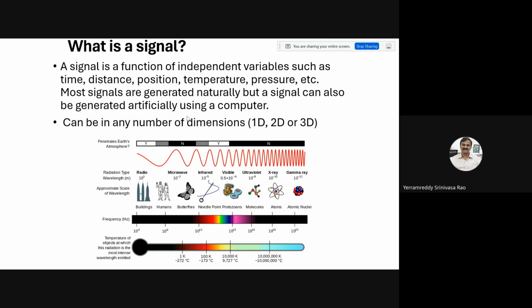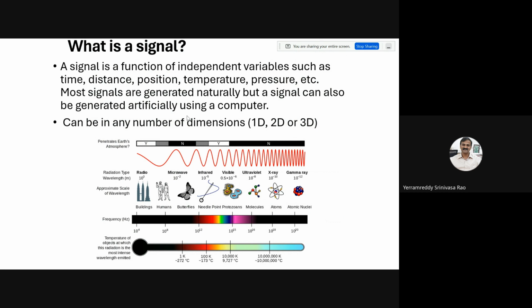What is a signal? And what is a one-dimensional signal? What is a two-dimensional signal? What is a three-dimensional signal? I repeat, please understand what you mean by the amplitude of the signal, the frequency of the signal, and the wavelength of the signal.